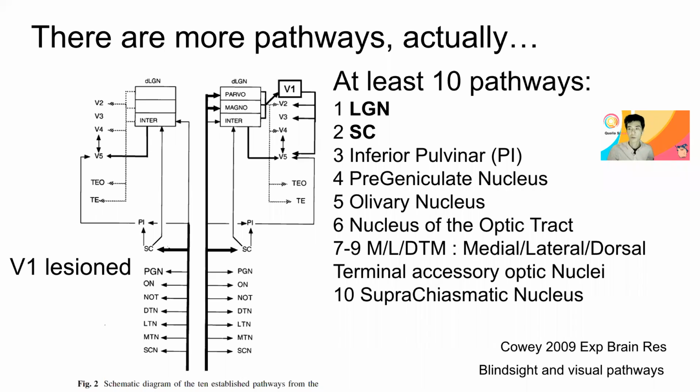For our purpose, the conscious experience of vision, the LGN pathway is probably the most important to understand. In contrast, it's also important to understand the role of the superior colliculus pathway, because it is dominant and responsible for highly sophisticated behaviors that look almost like conscious behaviors.